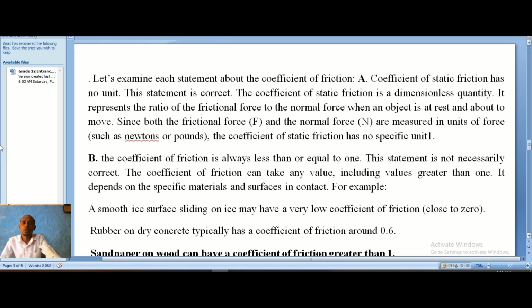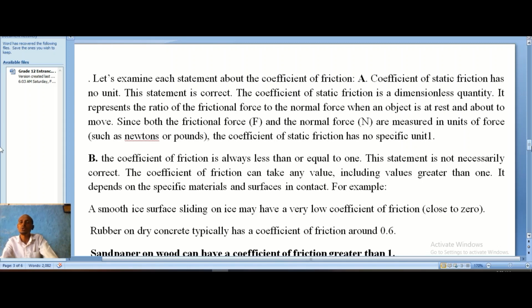Let us examine each statement about the coefficient of friction. Choice A says that the coefficient of static friction has no unit. This statement is correct. The coefficient of static friction is a dimensionless quantity. It represents the ratio of the frictional force to the normal force when an object is at rest and about to move.